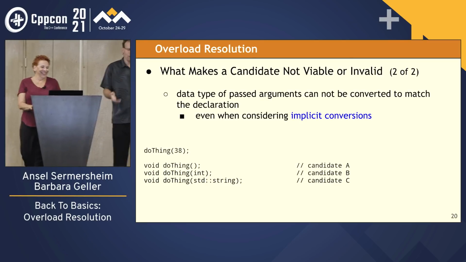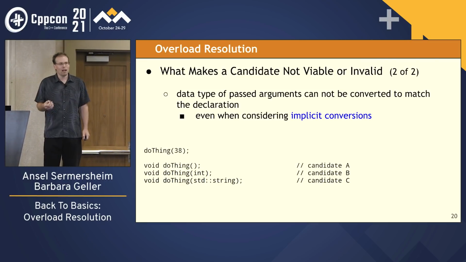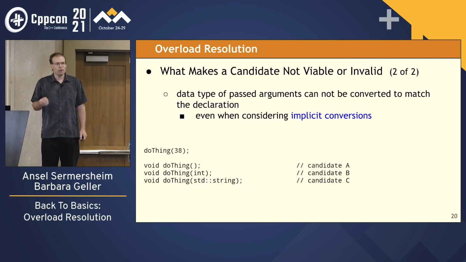The other reason why a candidate might not be viable is if there's no way for the compiler to convert the arguments that you're passing, those data types, to the declaration what the function expects, even while it considers implicit conversions. So in this case, we're still calling doThing and passing 38. We now have 3 candidates. We're still passing too many arguments for candidate A, so it's invalid.